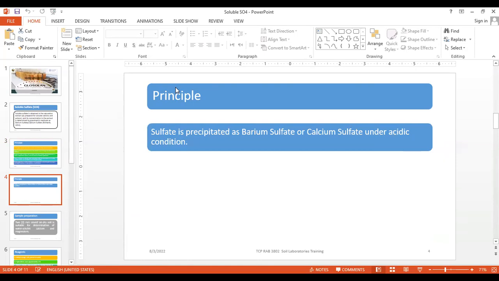So you just convert sulfate into barium sulfate or calcium sulfate, and both of them can be collected as a precipitate by the gravimetric method and then measured.